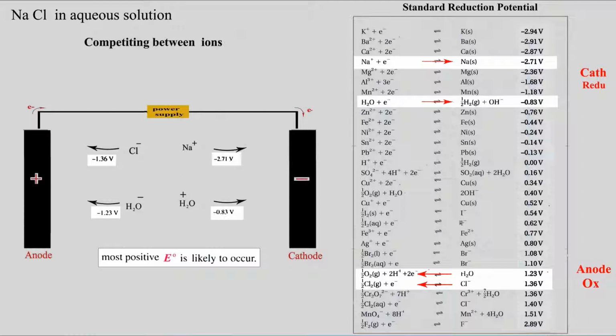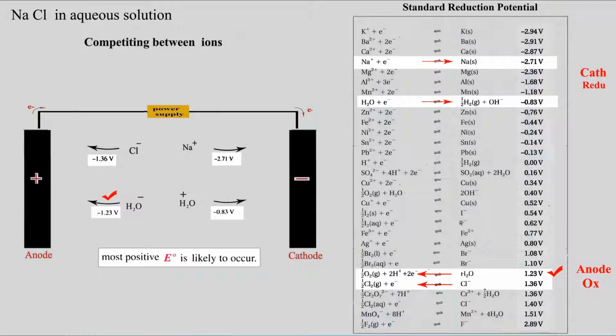So, look at the anode. Which one is going to have the most positive value, chloride or water? The most positive value will be water.